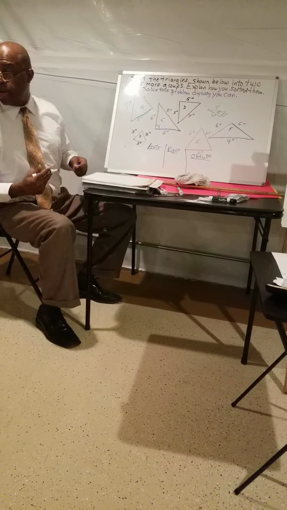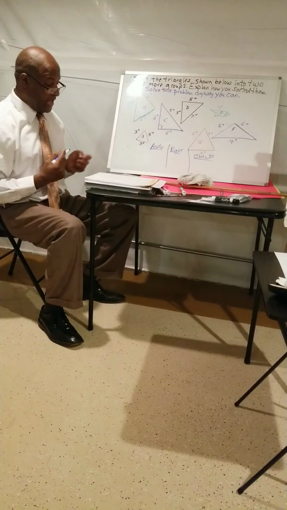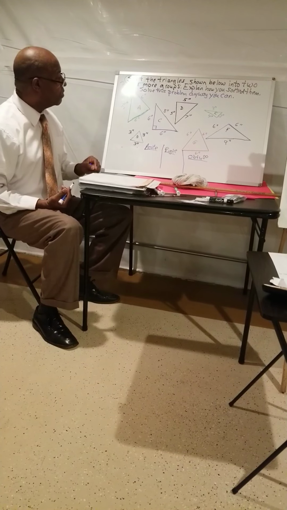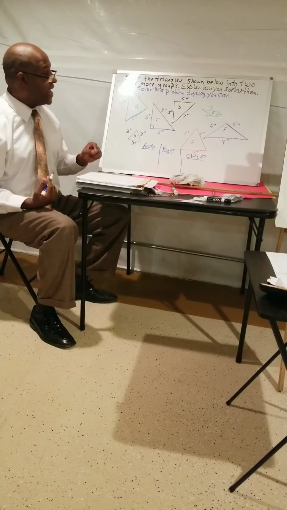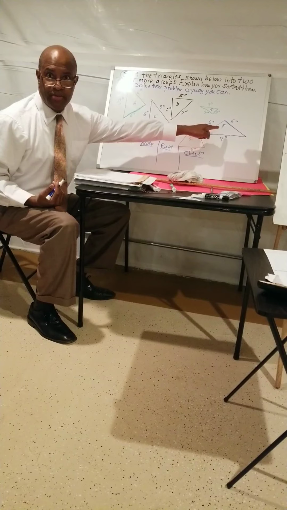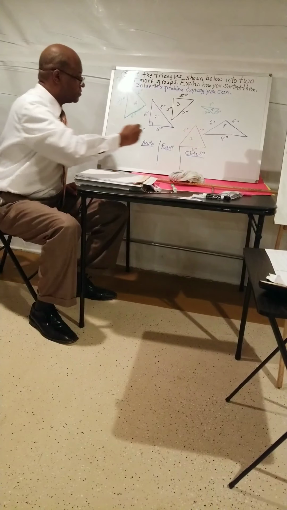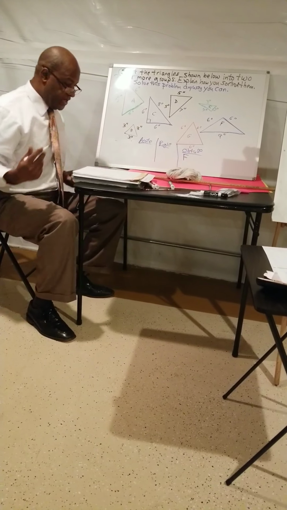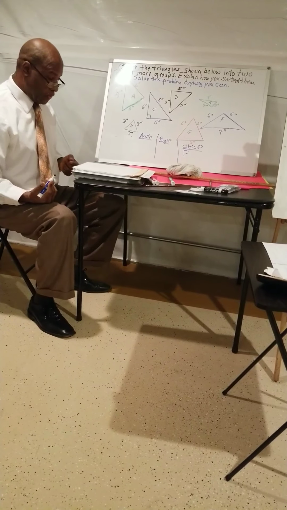Could anyone tell us a triangle that you see up here that has an obtuse angle? Okay, that means more than 90 degrees. That should have been angle F here. So we're just going to do an example or two of each. Any right angles?